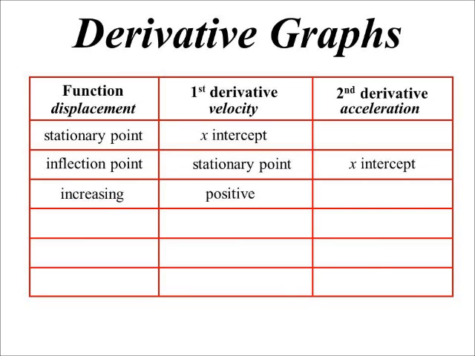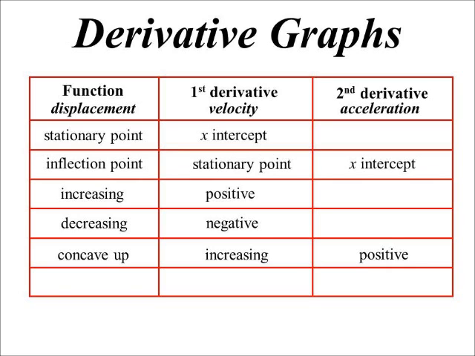If the original graph is increasing, then I know the first derivative graph will be above the x-axis, or t-axis if we're talking about time. And if it was decreasing, I know it'll be below. If the original curve is concave up, then I know that the velocity graph will be increasing, because the second derivative must be positive.